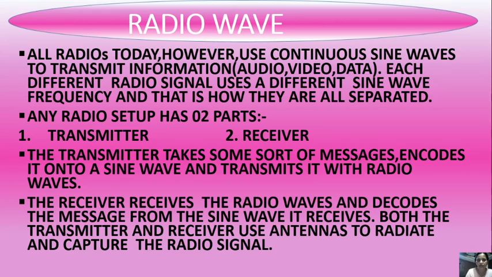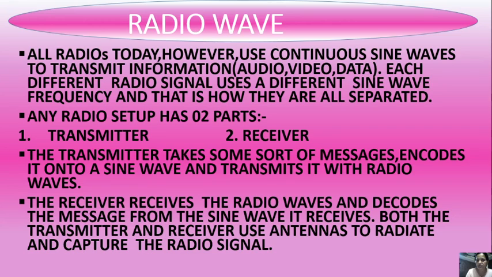Any radio setup has two parts, transmitter and receiver. The transmitter takes some sort of message, encodes it onto a sine wave and transmits it with radio waves. And the receiver receives the radio waves and decodes the message from the sine wave it receives.